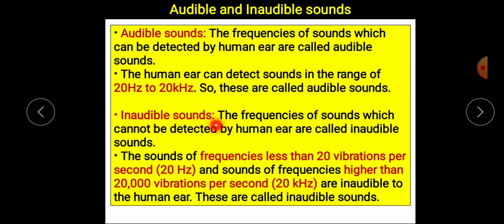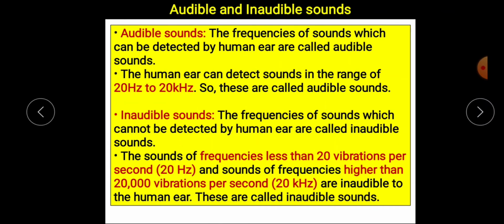Whereas inaudible sound, the frequencies of sounds which cannot be detected by the human ear, are called inaudible sounds. The sounds of frequencies less than 20 vibrations per second or 20 Hz. If the frequency of the sound is less than 20 Hz, or if the frequency of the sound is higher than 20,000 Hz or 20 kilohertz, those sounds cannot be detected by our human ears and are called inaudible to our ears, and these are called inaudible sounds.